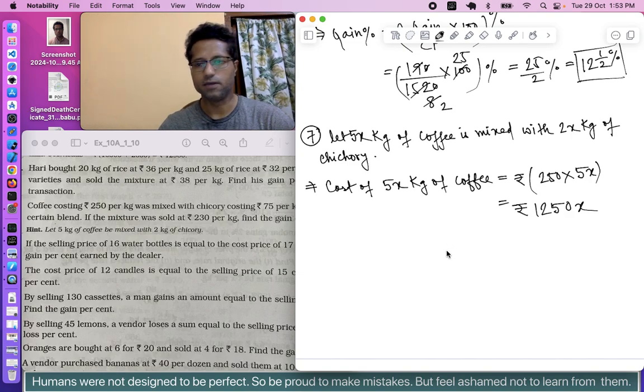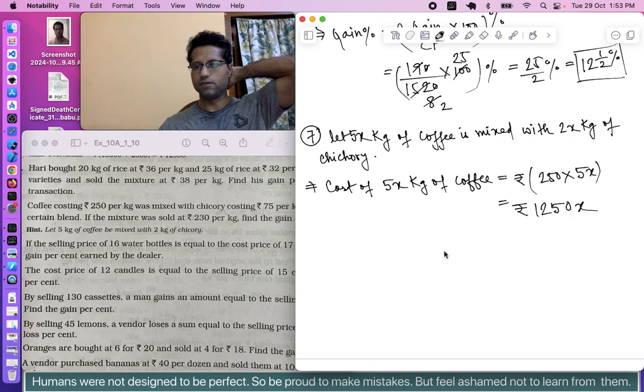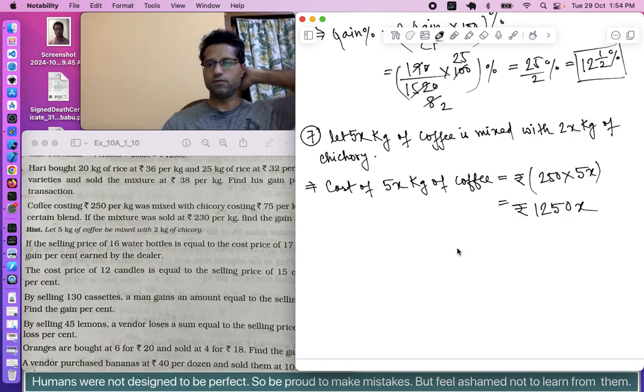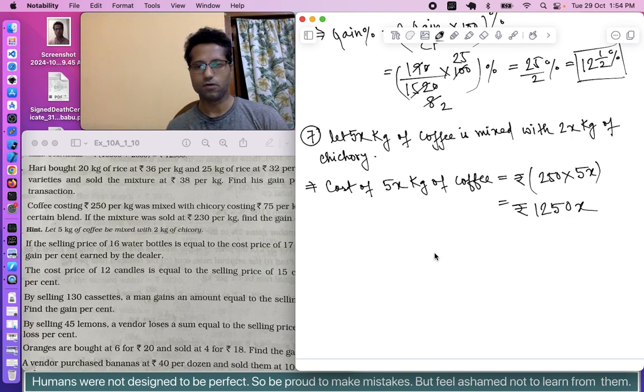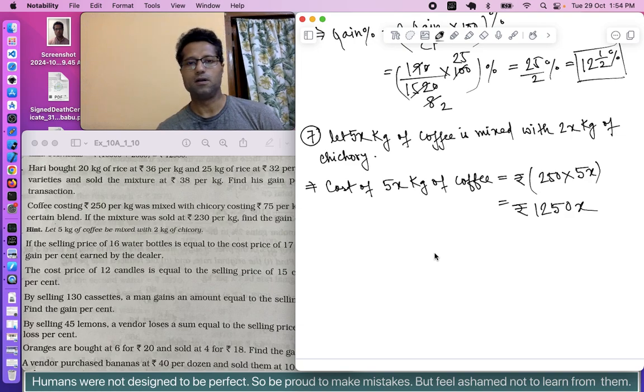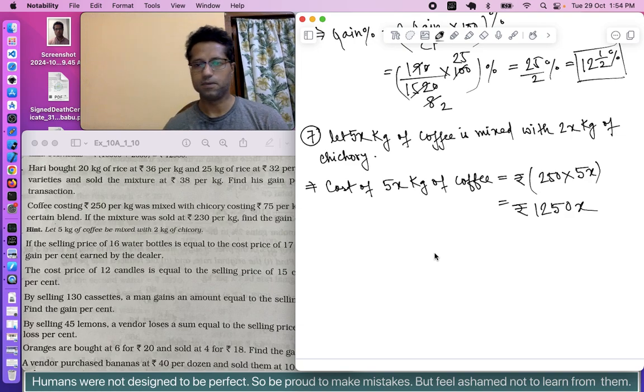Here x is unknown, which we have assumed based on the ratio of the coffee and chicory mixed, which is 5:2. Then we find the cost of 5x kg of coffee and 2x kg of chicory, and the total cost will be the total CP or effective CP.